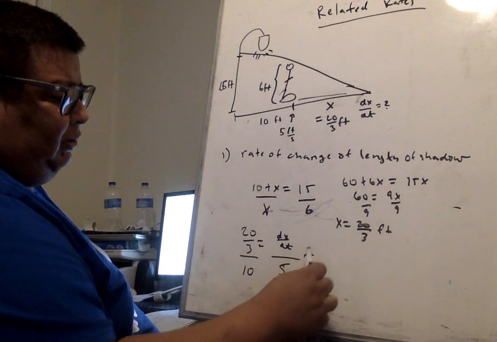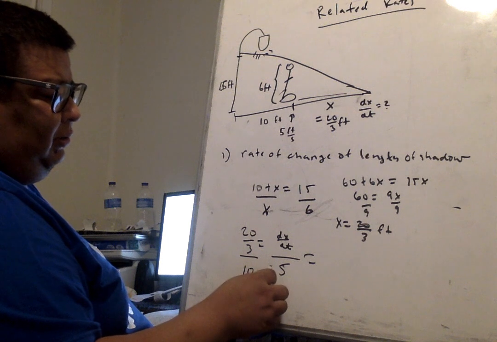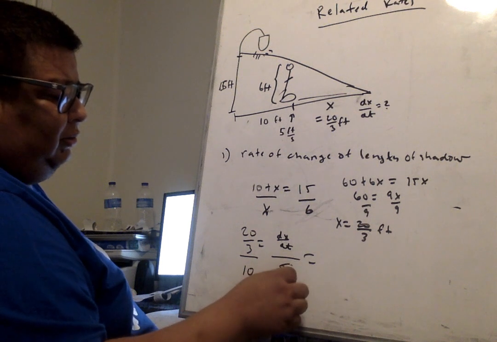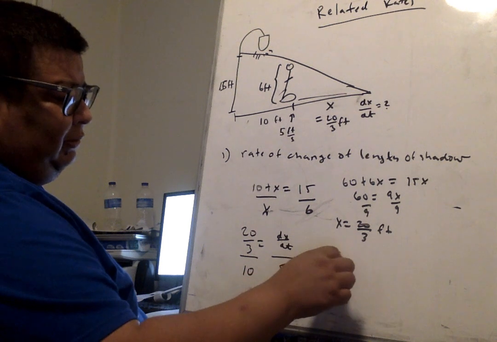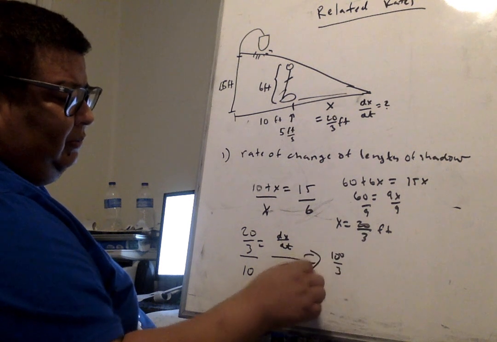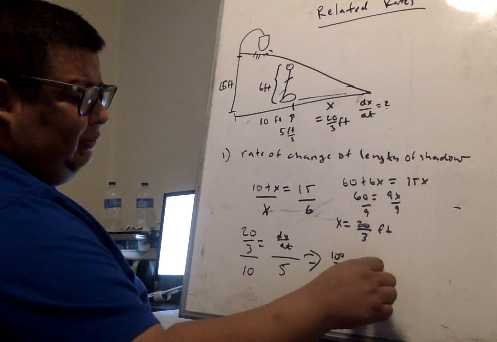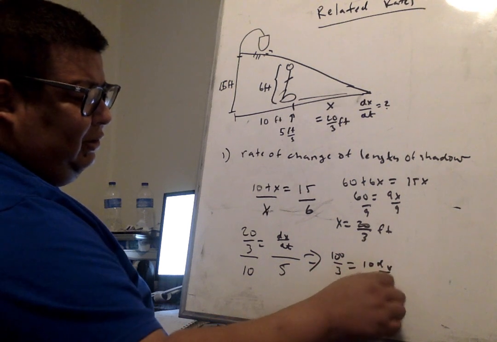That's going to give me 5 times 20, which is 100/3, equal to 10 dx/dt.